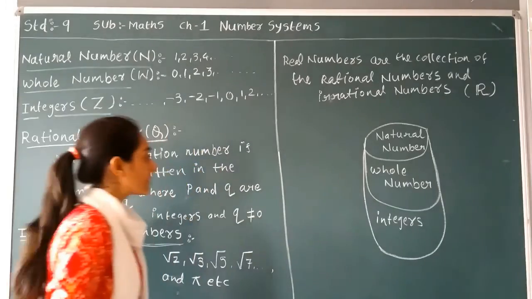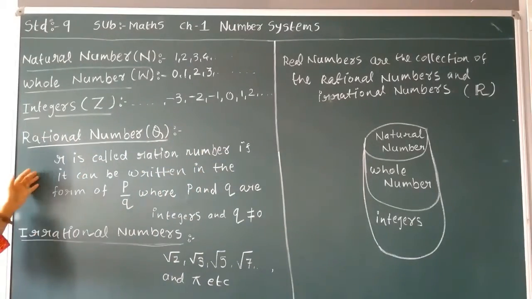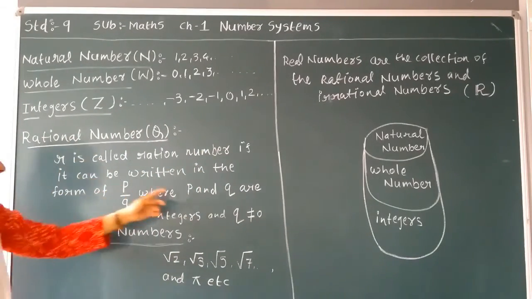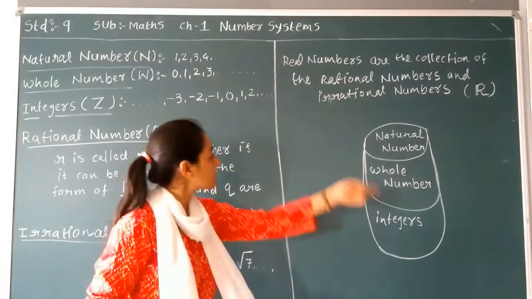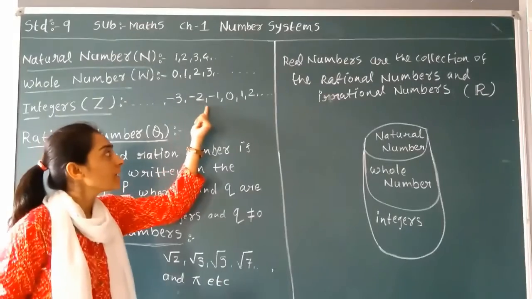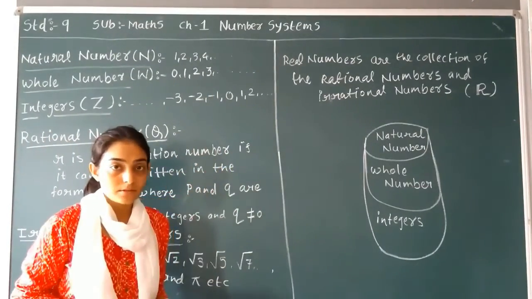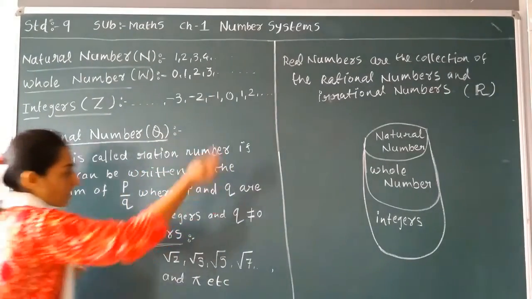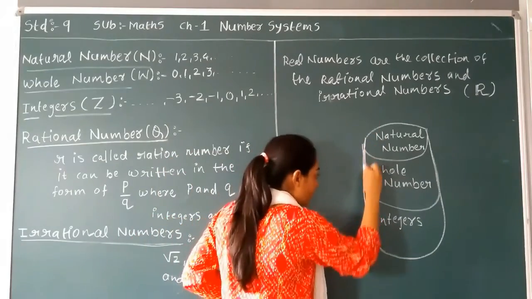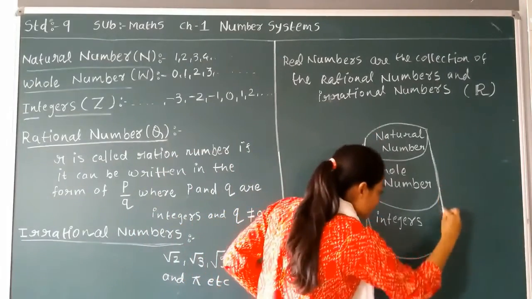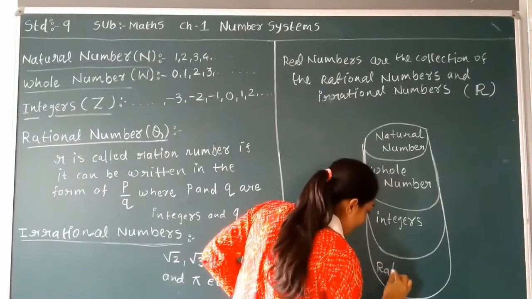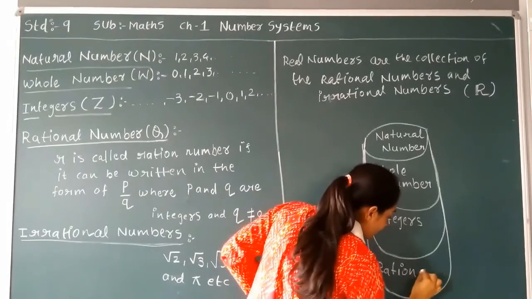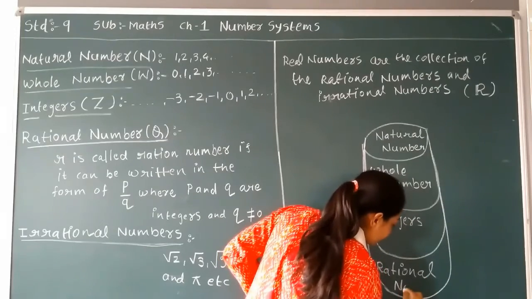Now, as you can see here, my P and Q are integers. It means integers include all the negative, 0 and positive numbers. So again all this will be included in rational numbers.